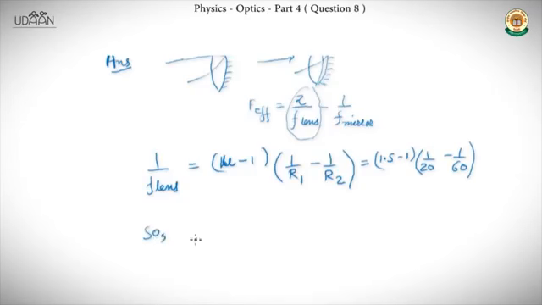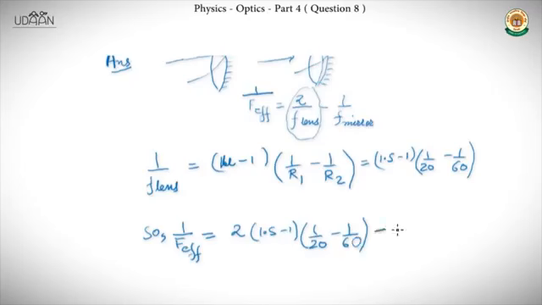So 1 by f effective will be equal to 2 times (1.5 minus 1) times (1 by 20 minus 1 by 60) minus 1 by the focal length of the mirror, which is minus 10.